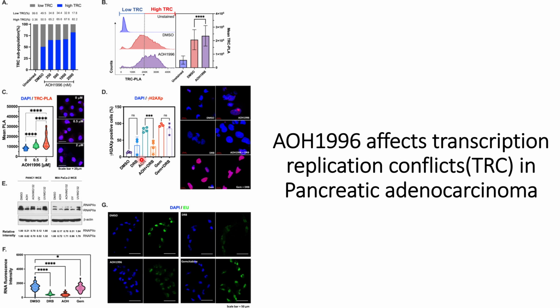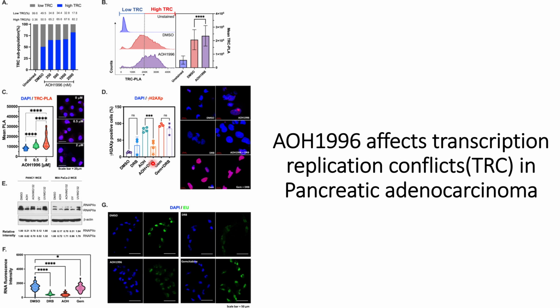But when they use only the AOH, the DNA damage increased to a great extent, around 80%. But when they use AOH plus transcription inhibitors, the DNA damage goes down to the normal level seen with only DRB, and this could be because when they use the transcription inhibitors, the transcription of the DNA is inhibited, and this prevents these transcription replication conflict conditions.